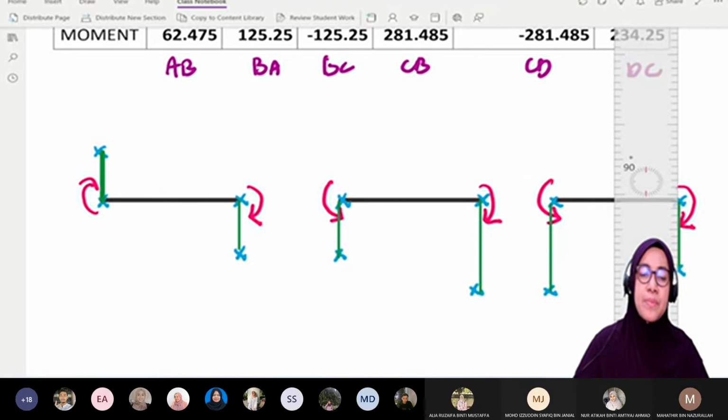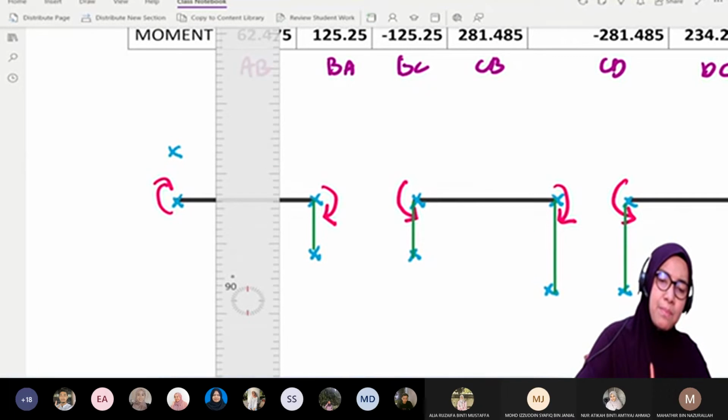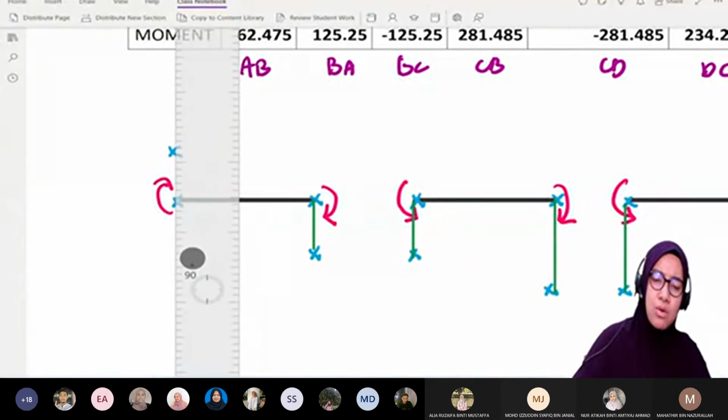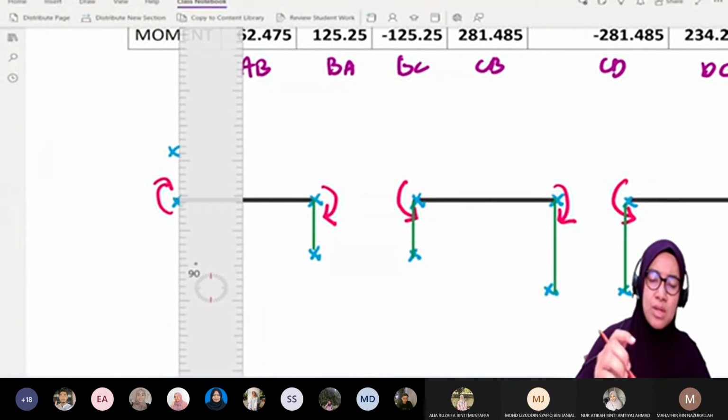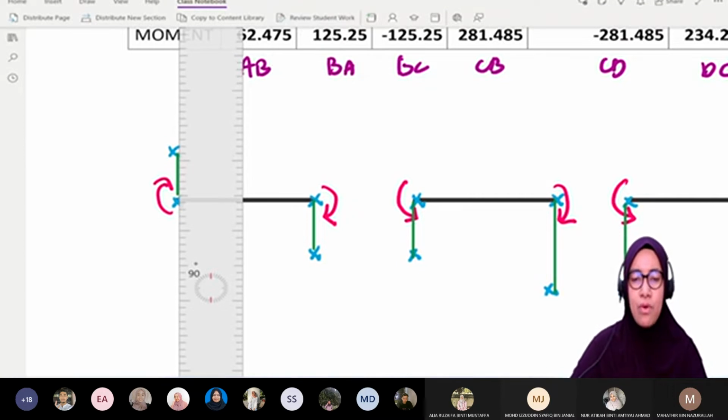Okay, so AB tu, since AB ni kan dia kosong je kan, tak ada loading kan, tak ada UDL, tak ada point, tak ada anything kan. Okay, kita boleh terus dapat the BMD for AB as this.